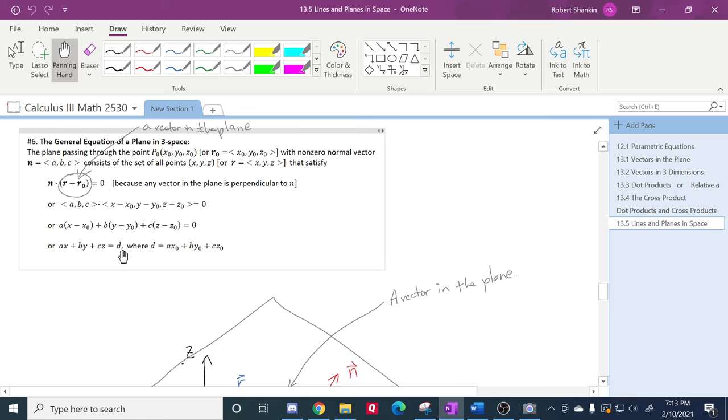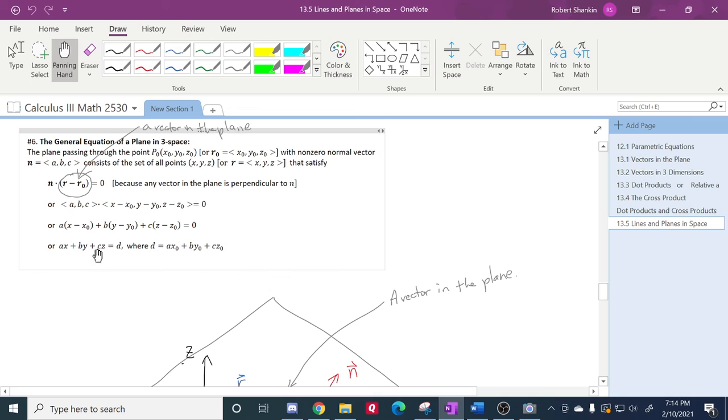Or, one other way to think of it, and this last one I don't really use very often, but if you distributed and got rid of the parentheses, you'd get an AX and a BY and a CZ. And then the other stuff would all be constants: AX0 plus BY0 plus CZ0.